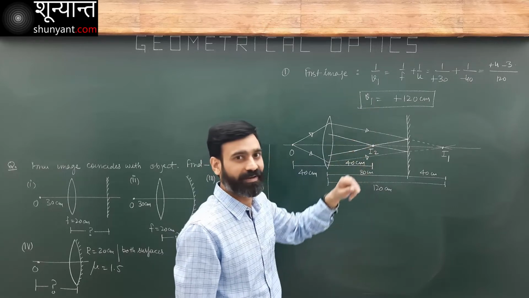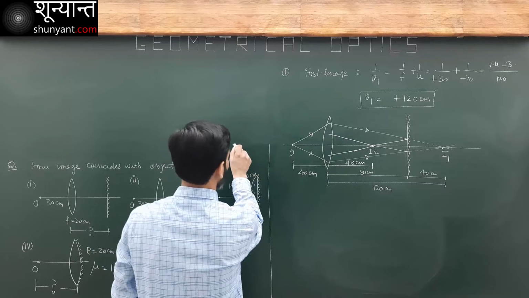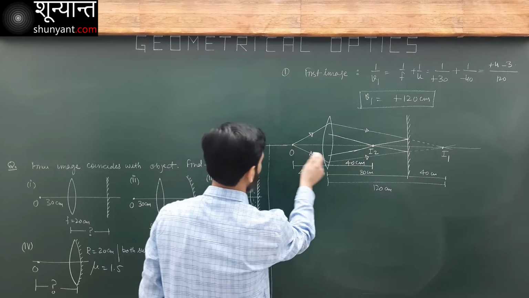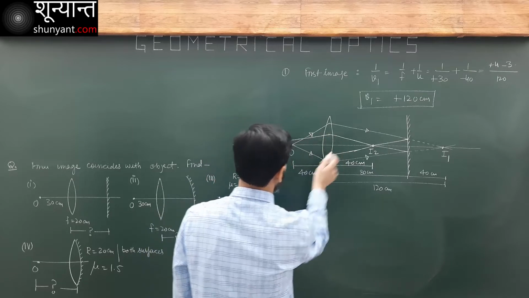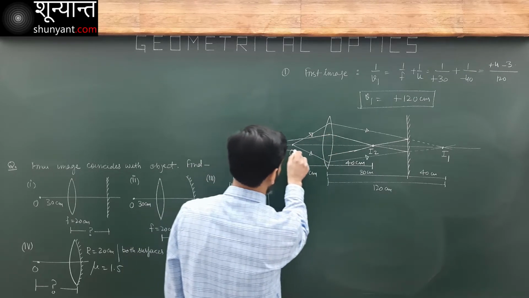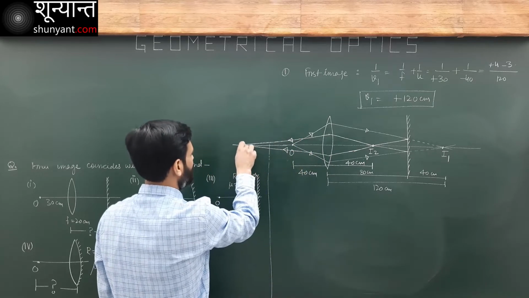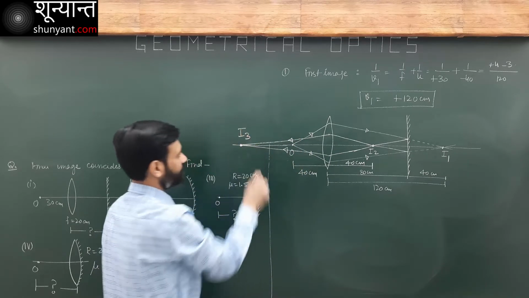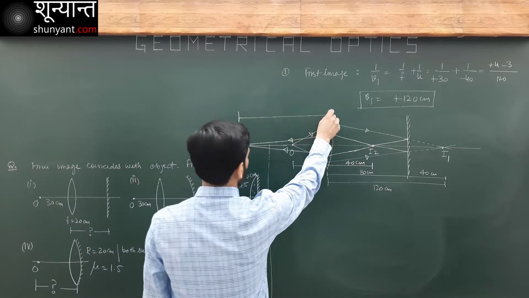At the same distance, 120 on the other side. Okay. So I am going to get my image here, 120, because the light rays are going to converge something here like this. This is going to be my third and final image. This distance is going to be 120 centimeters.